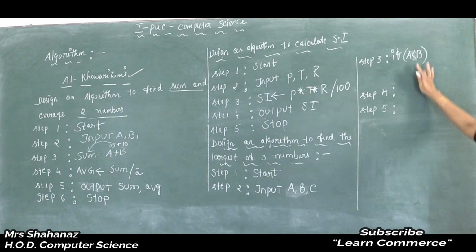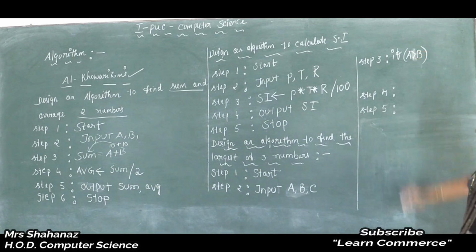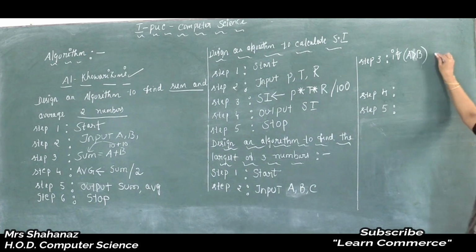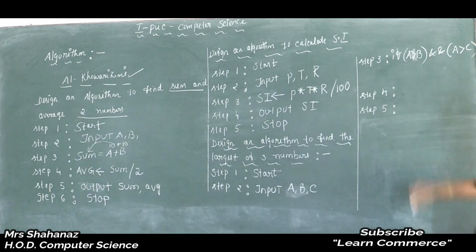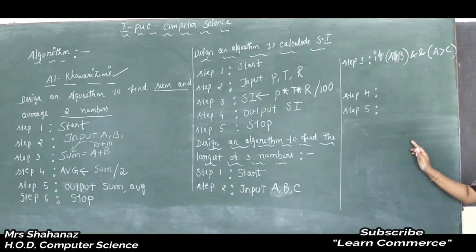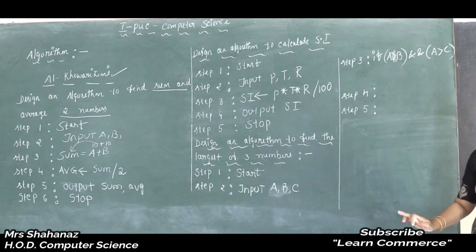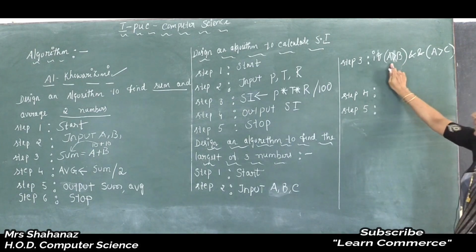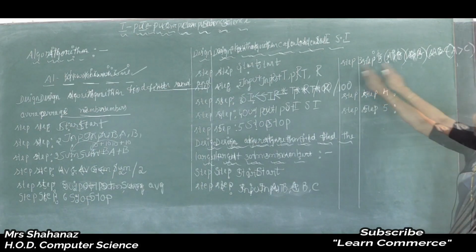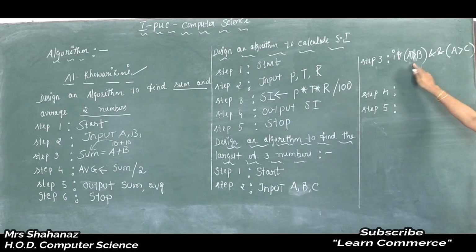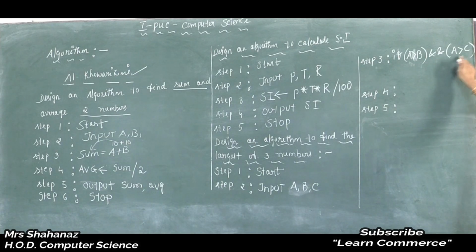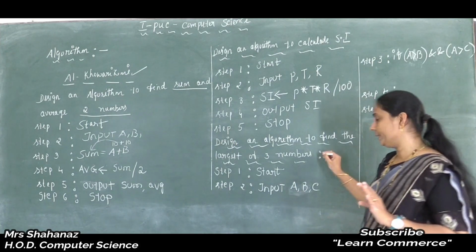So in this case the A value is greater than B, and the A value is greater than C. Now after taking 3 variables, I am going to check the condition: if A value is greater than B and A value is greater than C. Maybe A value is equal to 20.